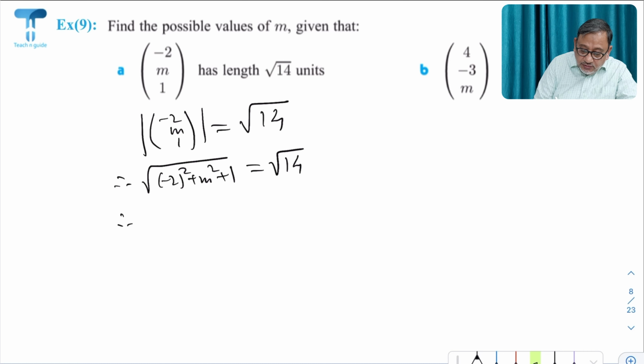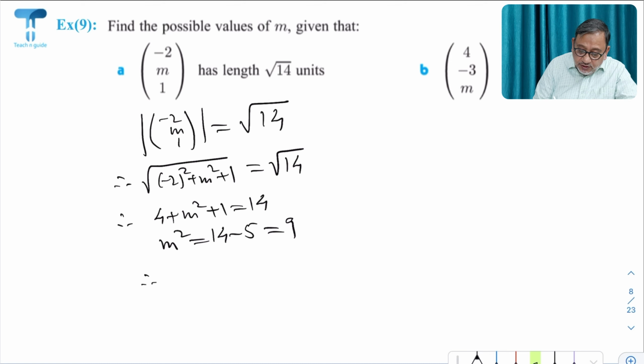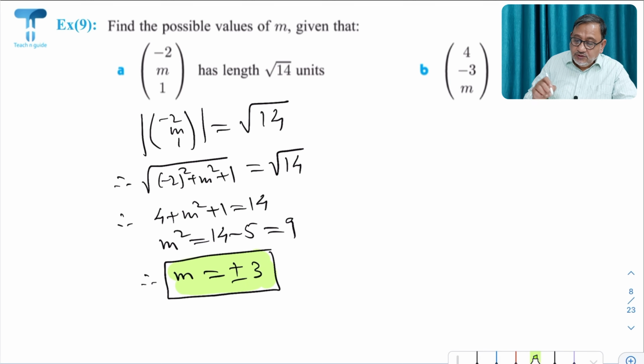So I will square both sides. So 4 plus m squared plus 1 is equal to 14. 4 and 1, 5 will go there. So 14 minus 5 will be 9. Therefore m will be plus or minus 3, isn't it? Like the last question. So I hope you understood this part also.